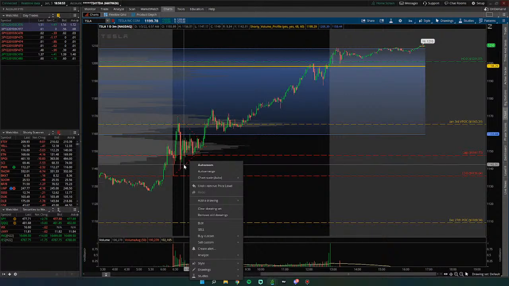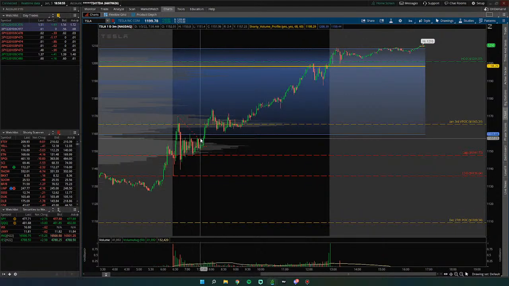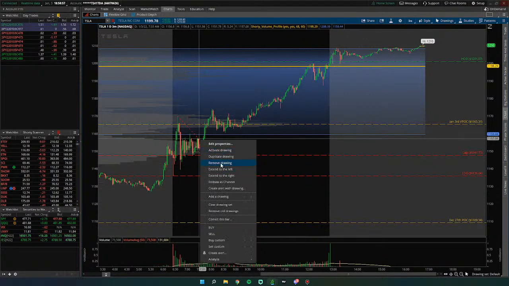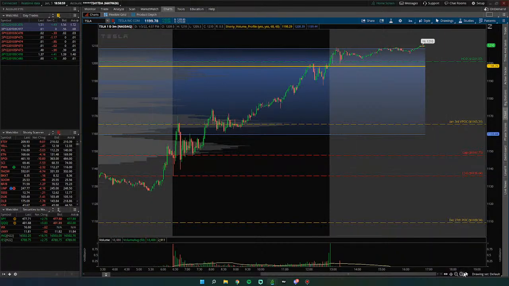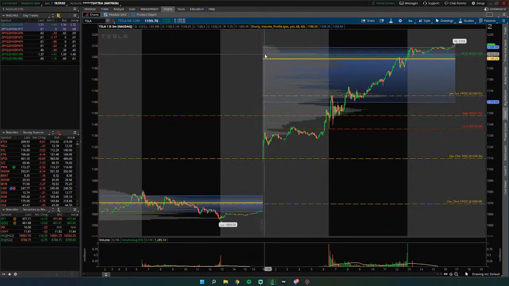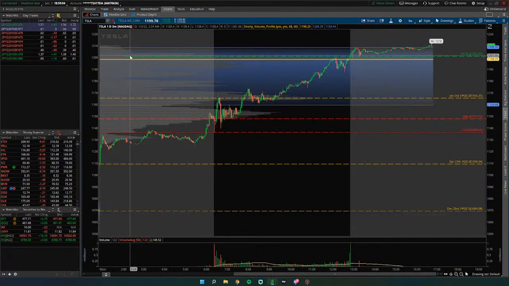Also, we'll quickly jump into volume profile here. If you're not familiar, volume profile is here on the left of my screen, this gray shaded area. And this blue shaded area is going to be the value area.